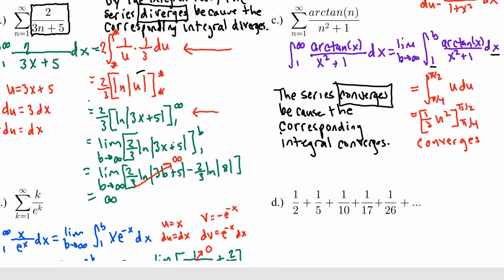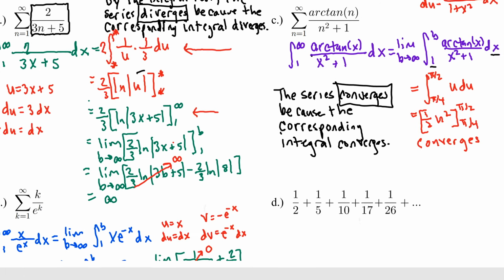Now, the next problem is still an infinite series. Notice we're adding numbers together, and we have the ellipsis or the dot, dot, dot on the end, which indicates that this is an infinite series. But in order to apply the integral test, I'm going to need the nth term formula for the terms of that series.